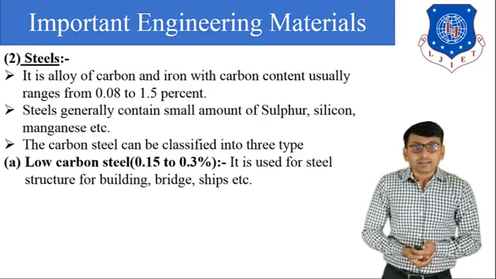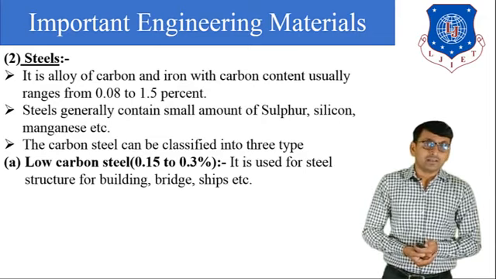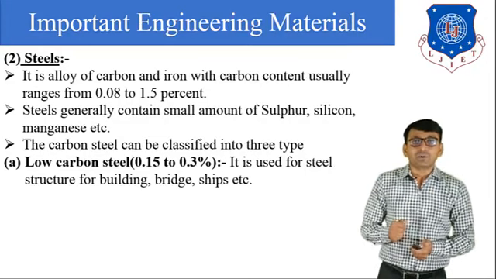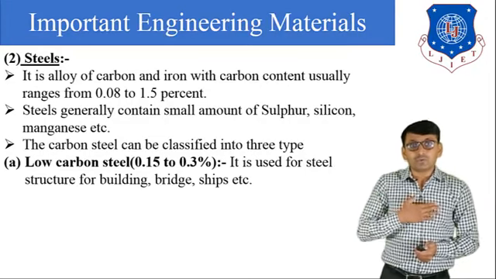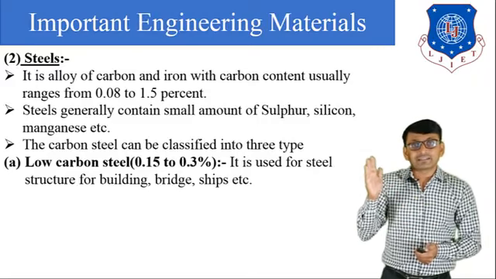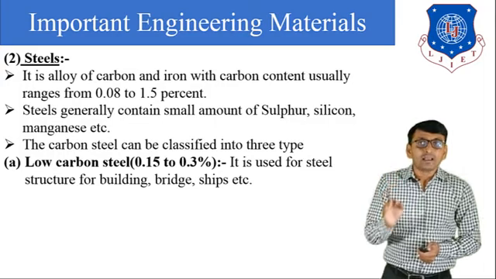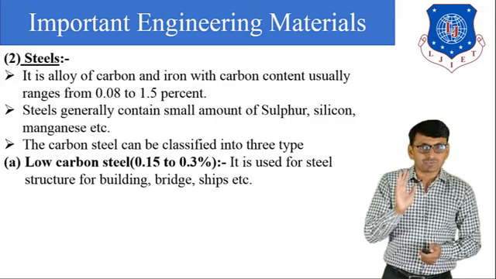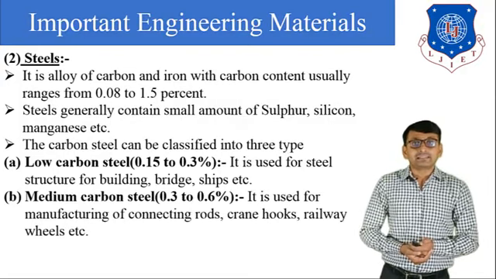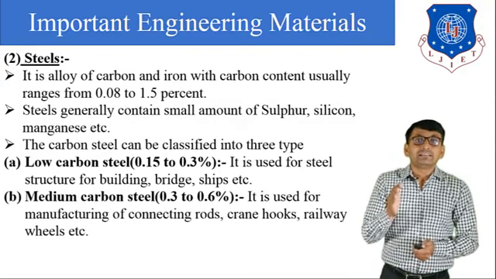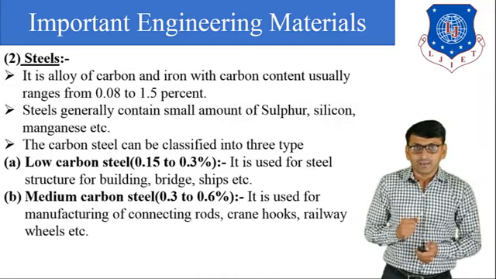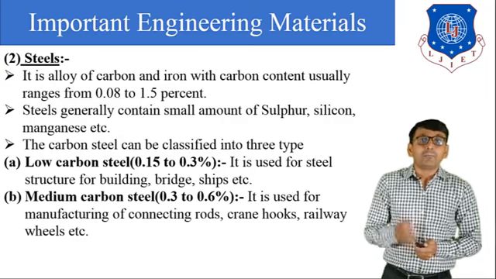It is used for steel structures for buildings, bridges, ships, etc. In buildings and bridges we have to use steel structures, and in those structures this low carbon steel is used.